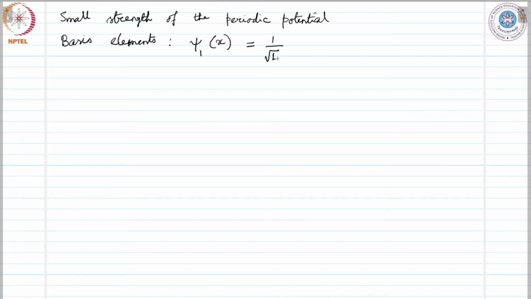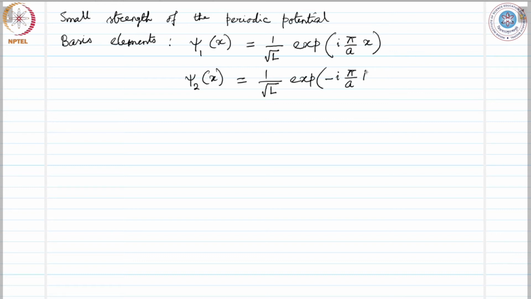So the wave function is 1 over square root of L exponential of i pi over a times x, and psi 2, the other value of momentum, minus pi over a. This wave function is 1 over square root L exponential minus i pi over a x.